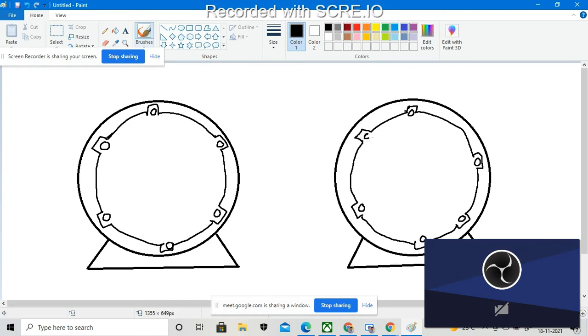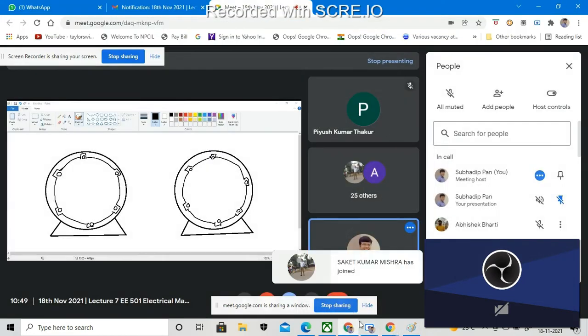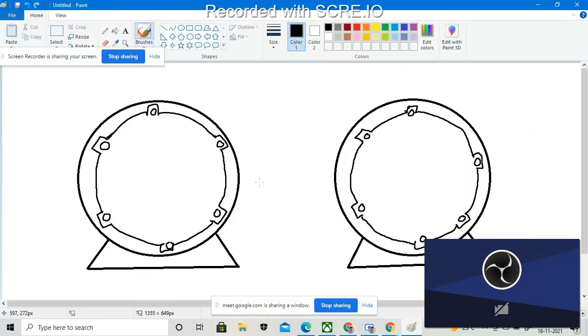As we are drawing the three-phase stator, a total of six segments will be there, right? Okay. So suppose this is my figure A and this is my figure B, and the coil, this will be my A dash.